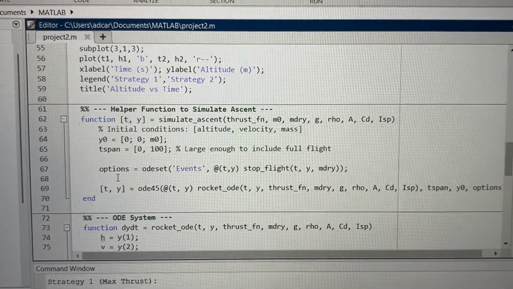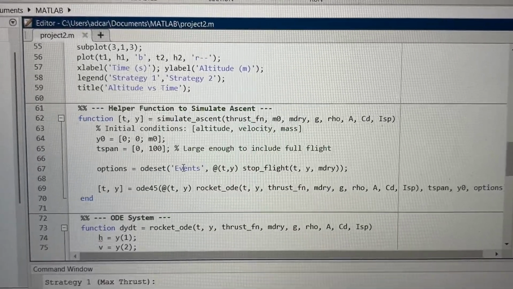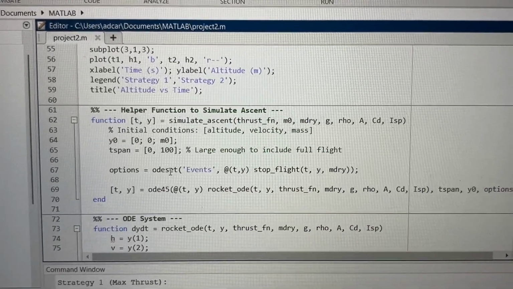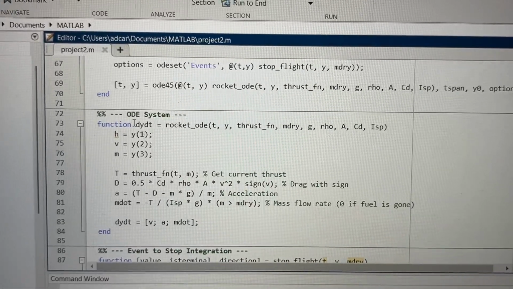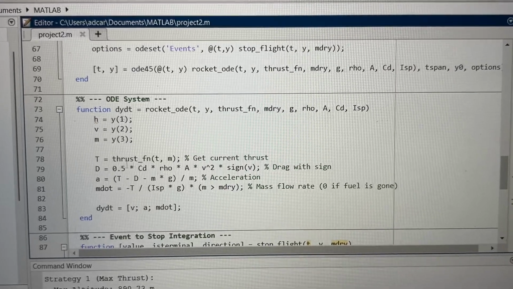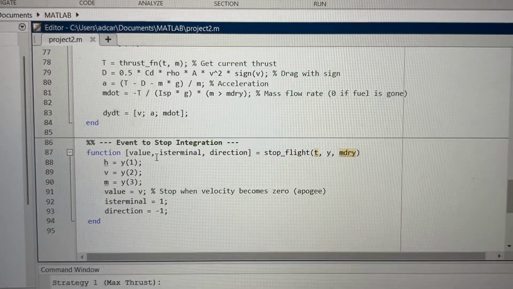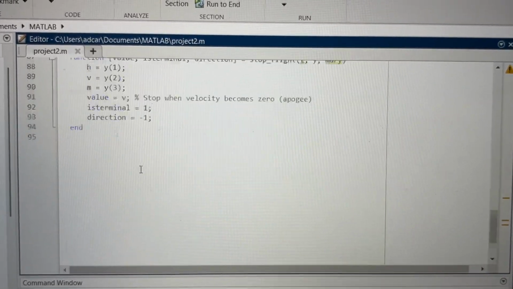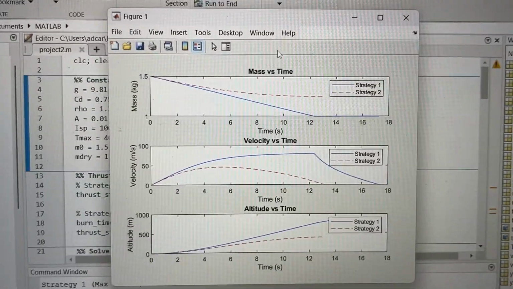And then here I used this function to simulate the thrust, using the time span, using odeset options, and then ode45. I made my ODE system here with this function dydt, with h, v, and m, and then use this event to stop the integration and tell me when the velocity becomes 0, which is when the flight ends. So if we come back and run this, it should pop up, yep, these 3 graphs.